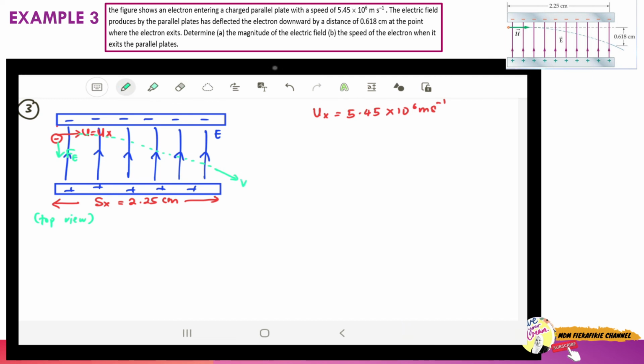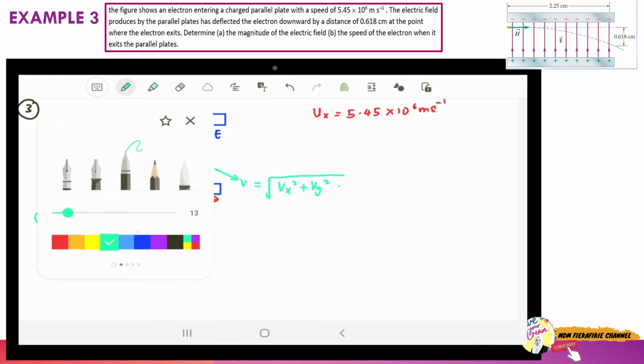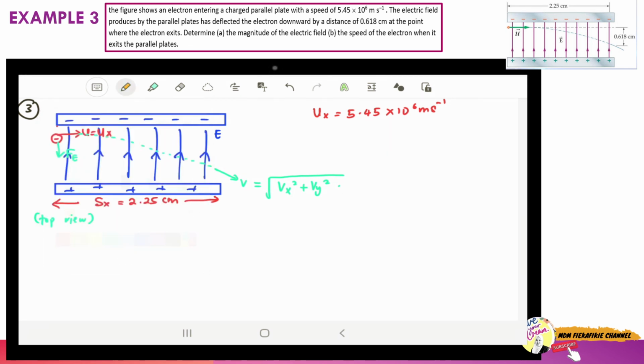Remember, I just recall, V is equal to the square root of Vx squared plus Vy squared. The question gives you that the value of the vertical distance is 0.618 centimeter, from the orange color until the final position here.